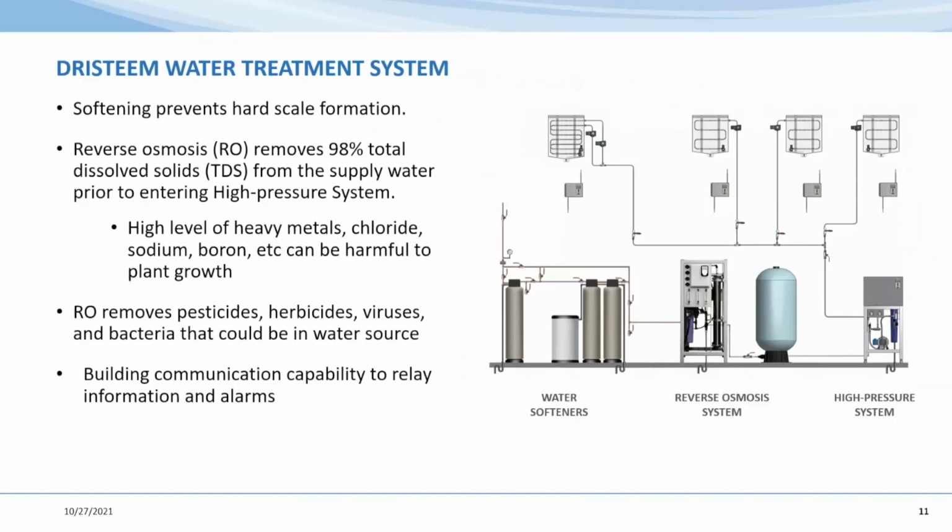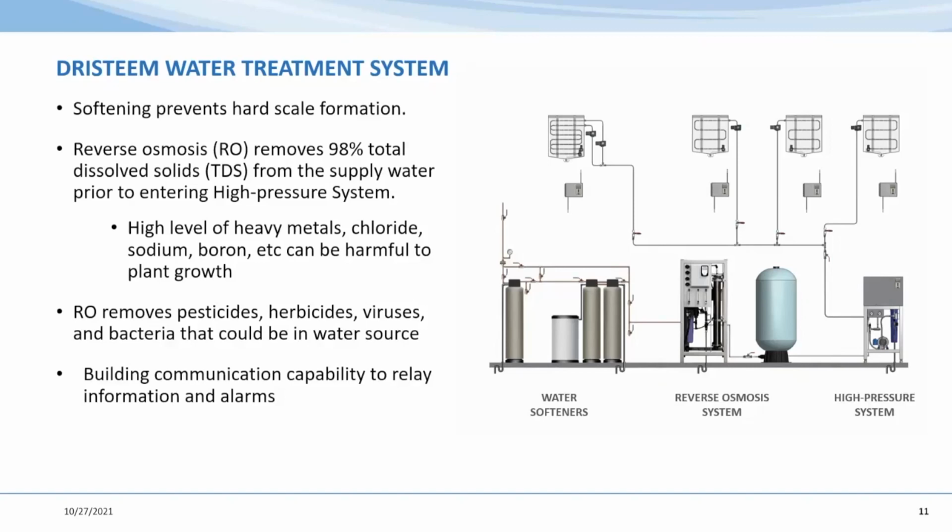So DriSteem's product offering around water treatment, there's anything from basic softening with a softener system, if you're going to feed your humidifier with softened water, all the way through reverse osmosis. So reverse osmosis, the membranes we chose to use remove 98% of total dissolved solids. So that's everything, including things like pesticides and herbicides and viruses and bacteria, all things that can contribute to the end quality of your product.